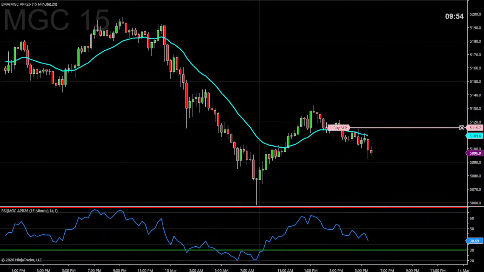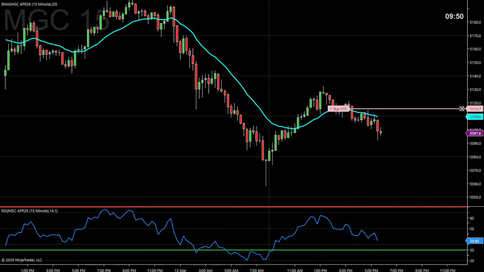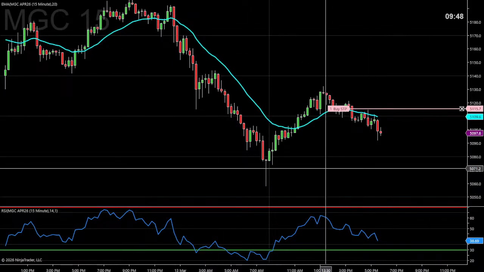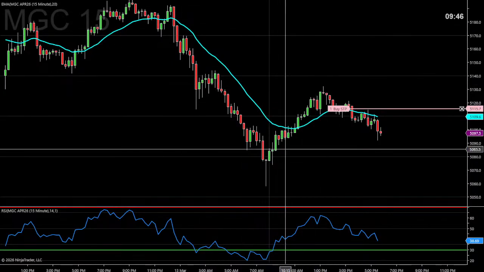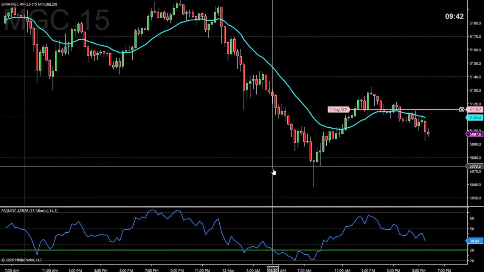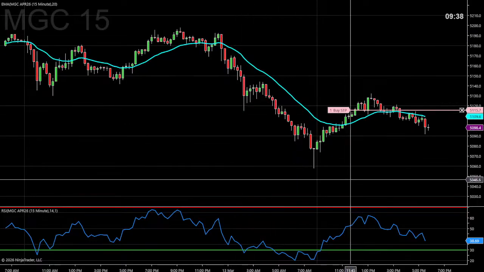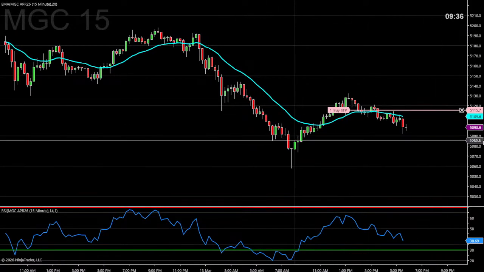But even still, right now that is the pullback of this downtrend, because that is a lower high here and, well, it's not really much of a lower low. It's like one swing.